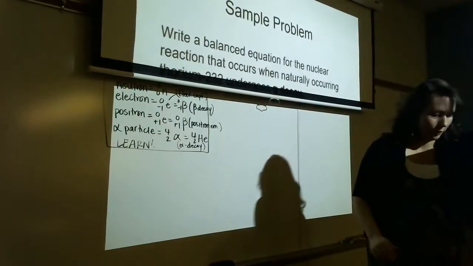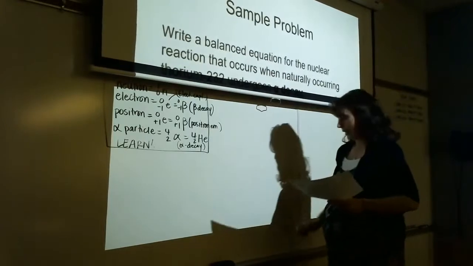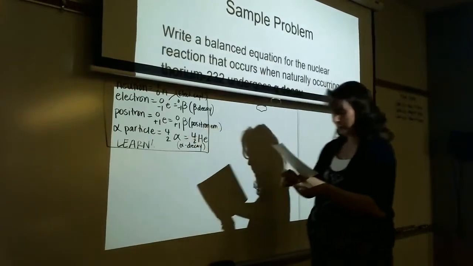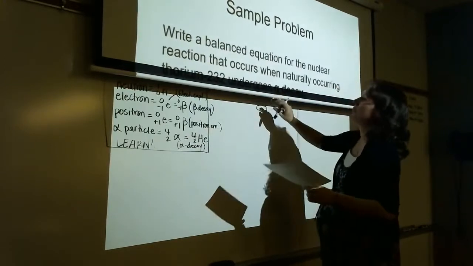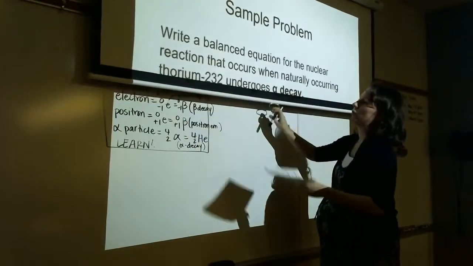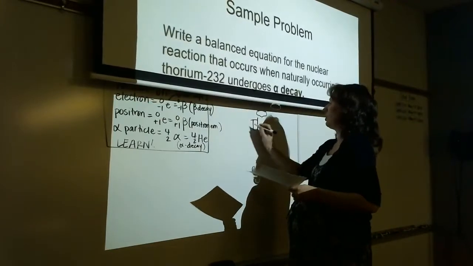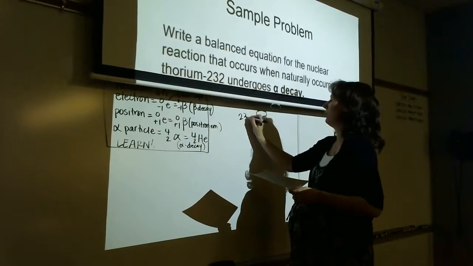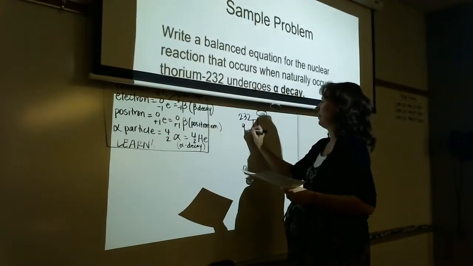All right, so the first thing you need is your handy-dandy periodic table. I told you it was thorium-232. So that's Th, mass number is 232, and thorium is element number 90.